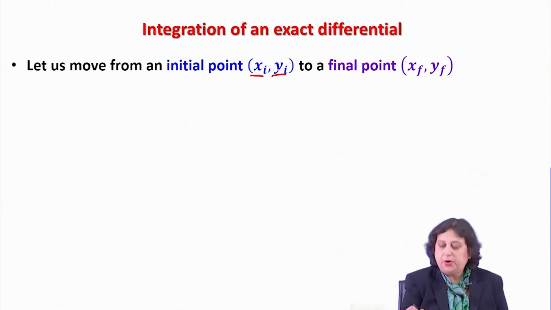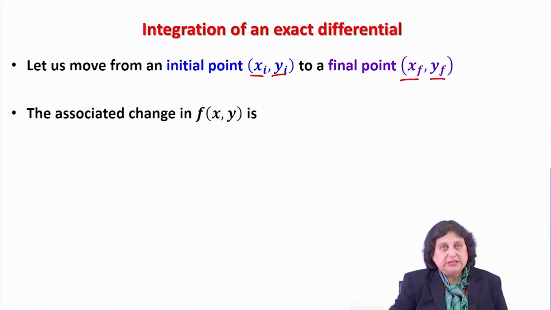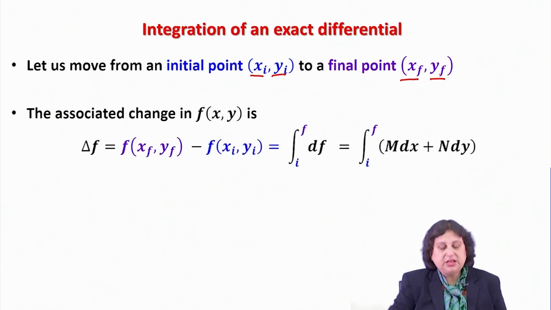Now, the final point corresponds to x equal to xf and y equal to yf. Then as x and y values have changed, there will be a corresponding change in the value of f, which is a dependent function of x and y. And this change can be obtained by integrating df from the initial state to the final state.